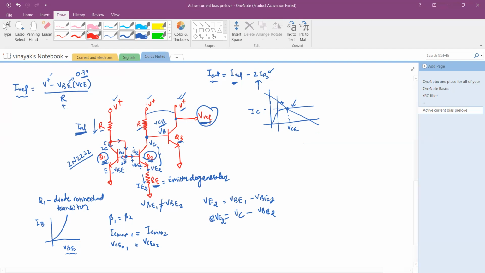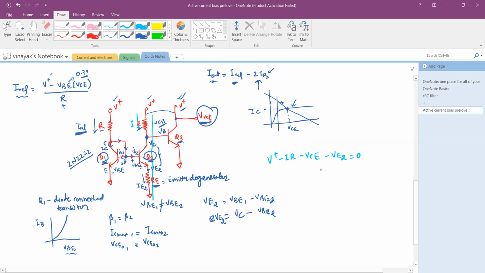You can apply KVL here. You can apply KVL in this loop, which will be V plus minus I times R, where I is the current flowing through this, then minus VCE minus VE2 is equal to 0.